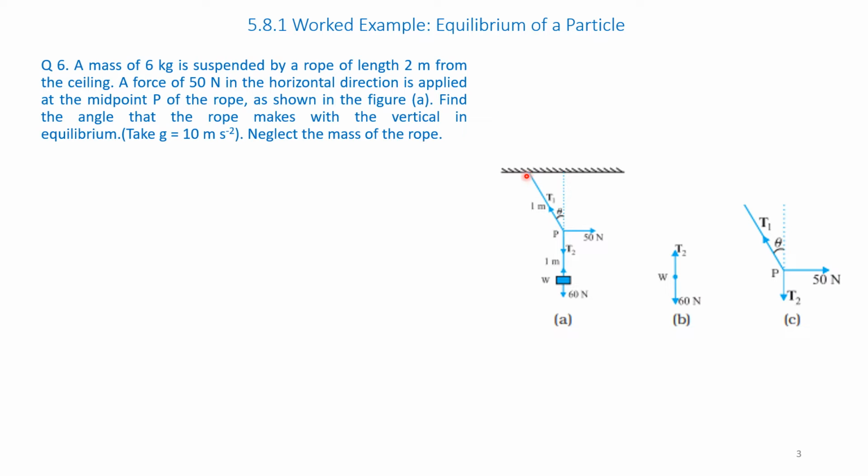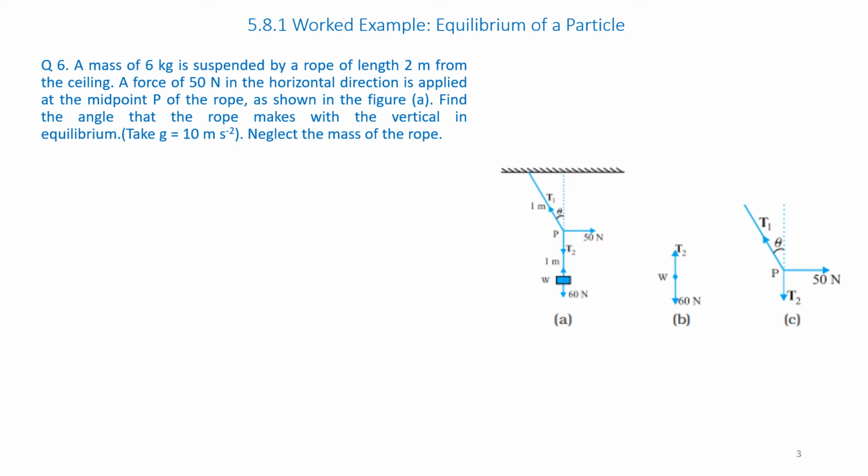It is given that a force of 50 newtons is applied at point P. Because of this 50 newton force, the rope bends and makes an angle theta as shown in the diagram.